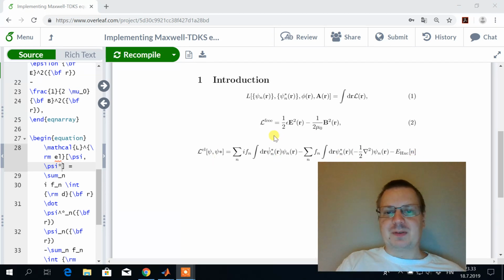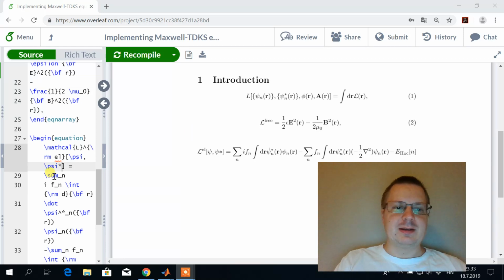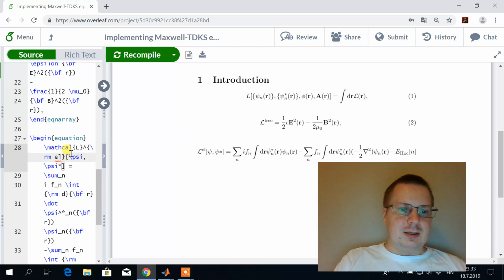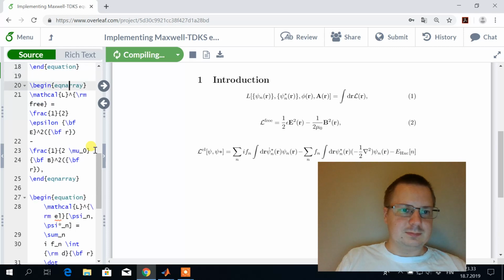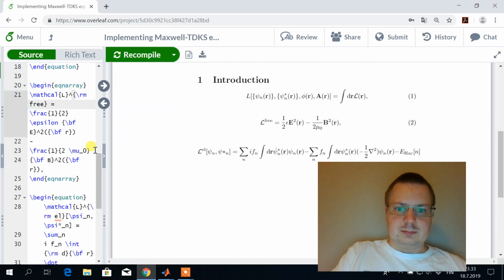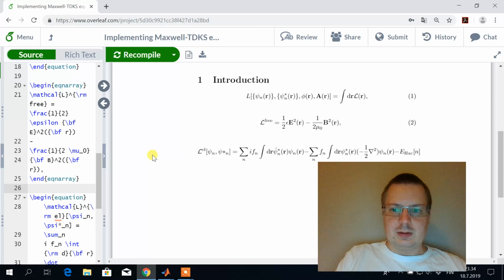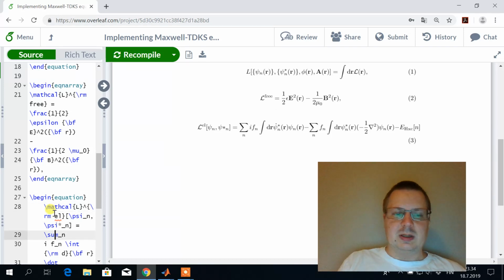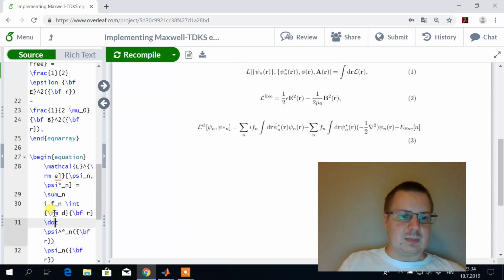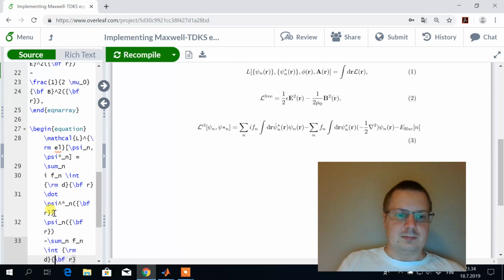So, but for now, I will let the double count be. Then the coupling as such, we can actually add the coupling already here.